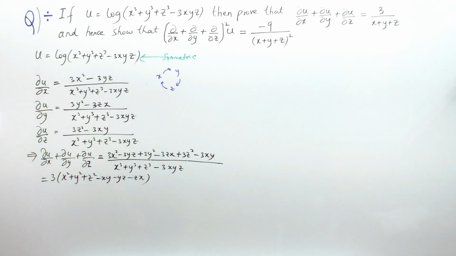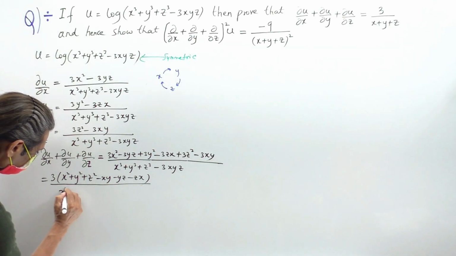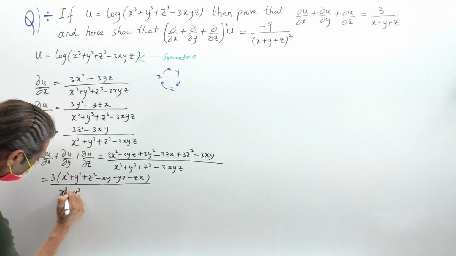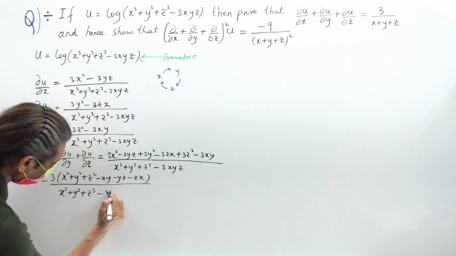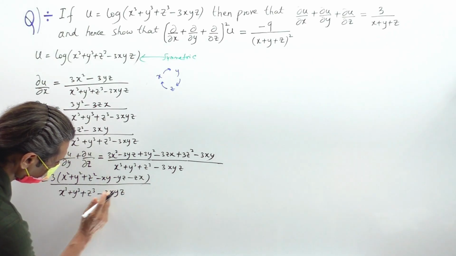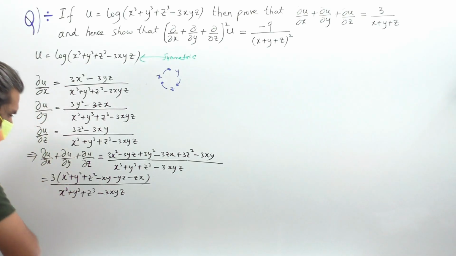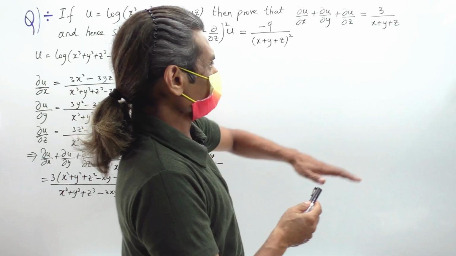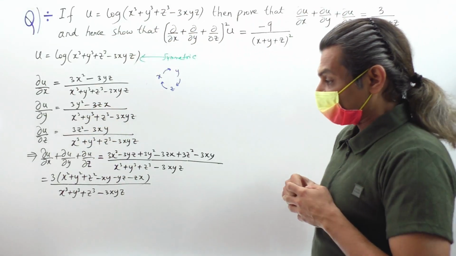Whole divided by x cube plus y cube plus z cube minus 3xyz. So, this is what we have. Now, how to solve this? We have to bring this to the form 3 by x plus y plus z. So, how to move ahead?